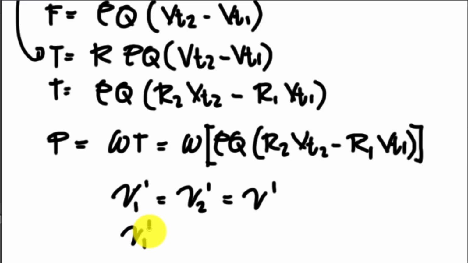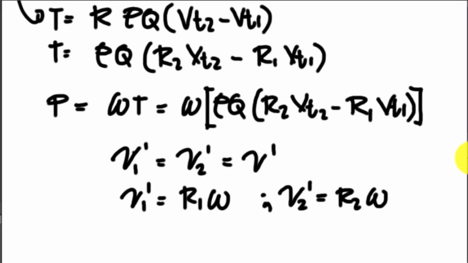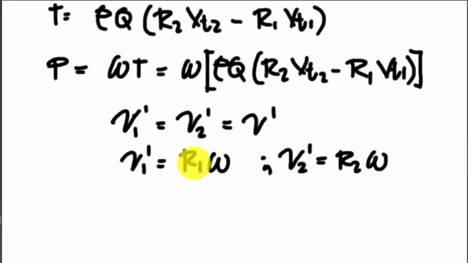And my v sub 1 prime will be equal to your radius 1 times my angular velocity. And the velocity 2 prime is equal to your radius 2 times my angular velocity. Now, from these equations, we substitute them into the power. Let's rewrite the angular velocity.